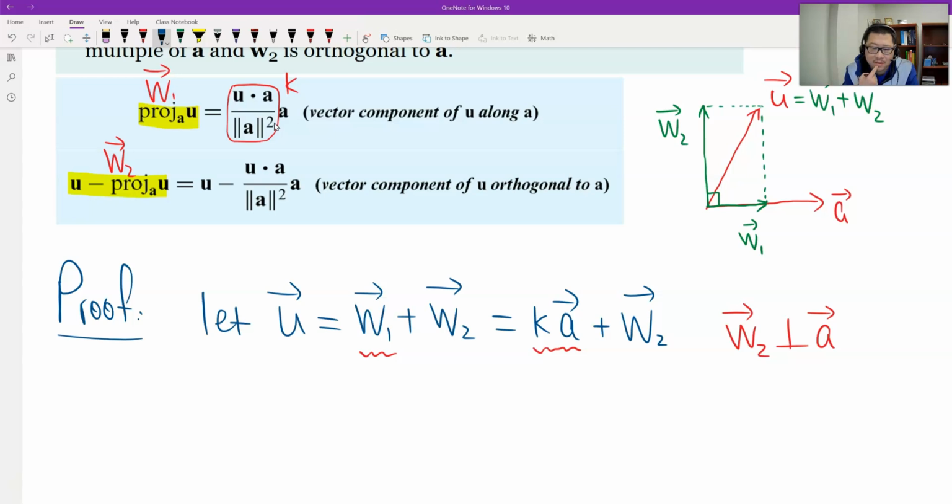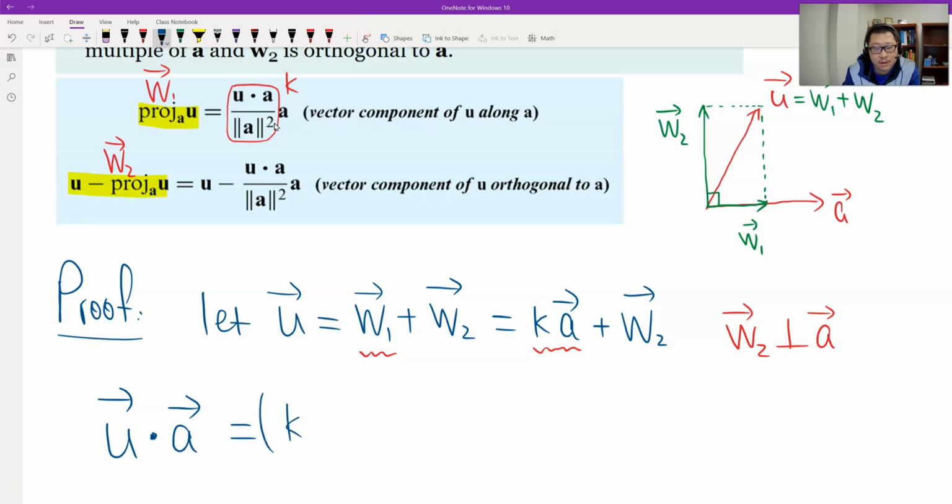How to solve? We have to use the dot product, because the dot product of two vectors which are orthogonal to each other is 0. I use that property. So we calculate u dot a.